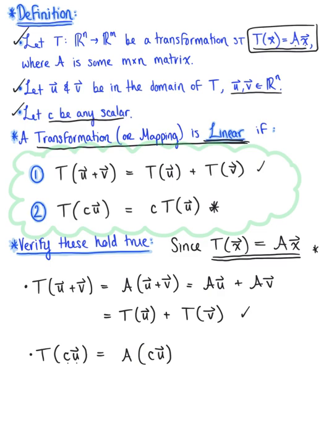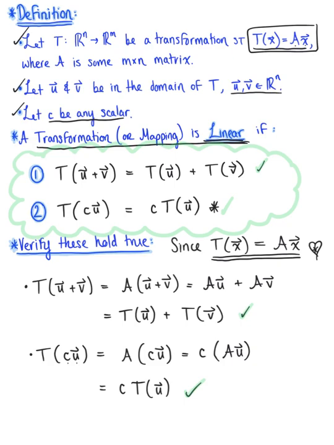Now, by properties of matrix vector multiplication, we can rewrite this as the scalar multiple c multiplied by the matrix vector product A times vector u. Again, by definition of a matrix transformation, this is equivalent to the scalar multiple c multiplied by the image of vector u under the action of T. And again, oops, we did it! Woohoo! So we have verified that these two conditions of a linear transformation hold.